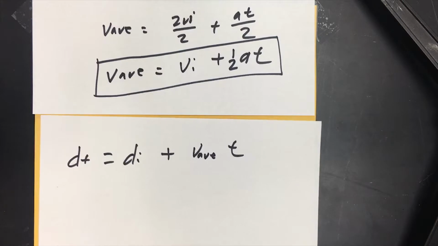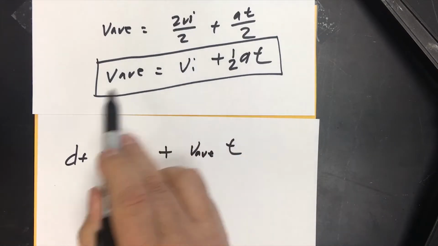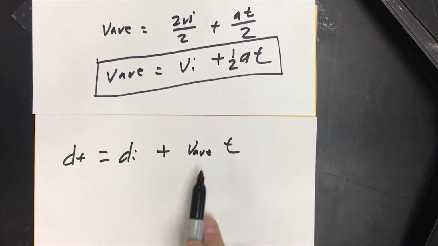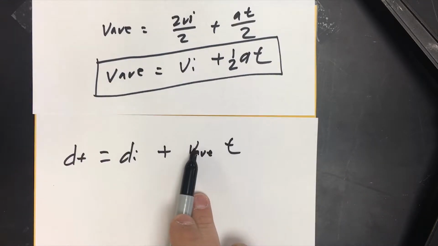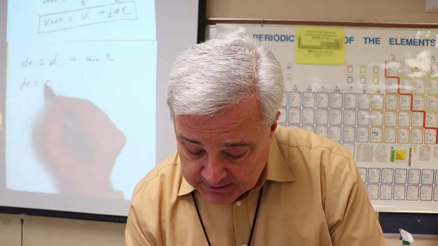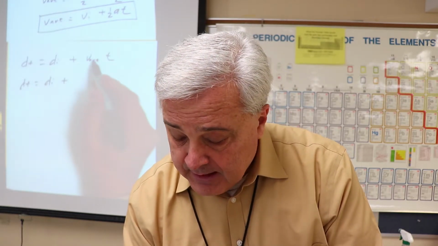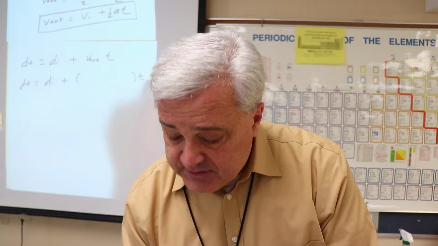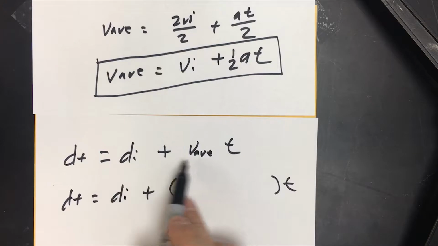And doing the same algebra technique, I can take this term here, plug it in for average velocity. So d sub f equals di plus all of that times t. So what is the all of that?